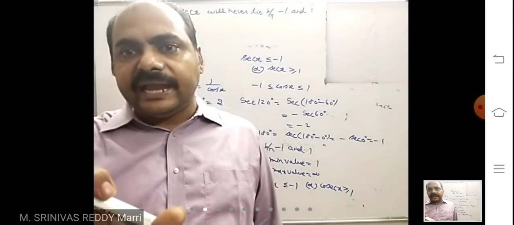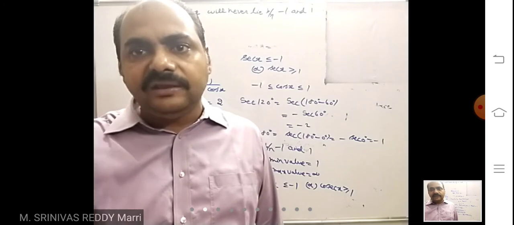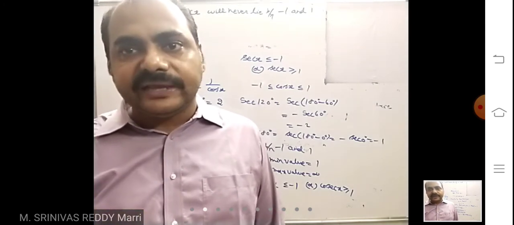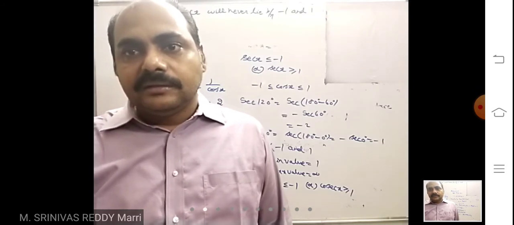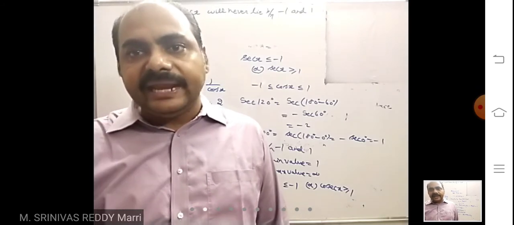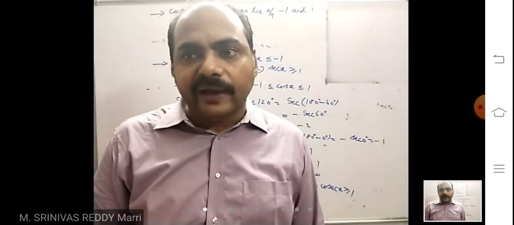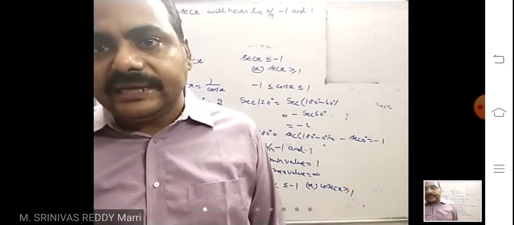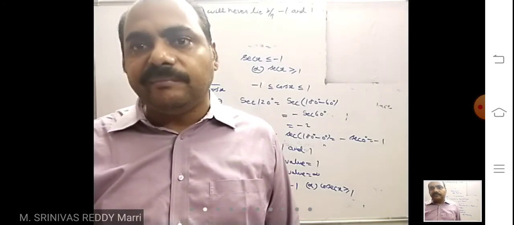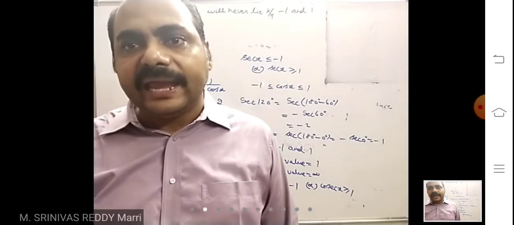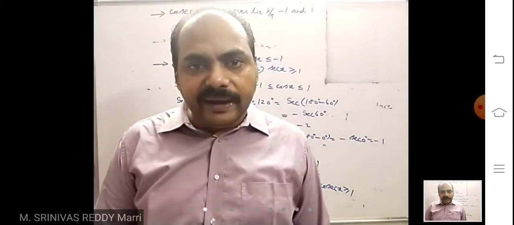Suppose I have asked sin x equal to 3 by 2. What is the value of x? You will not get any value because sin x will never be 3 by 2, because it is 1.5. Sin x will always get values between -1 and 1, right? So that is not possible. There will be no angle such that it will become 3 by 2.